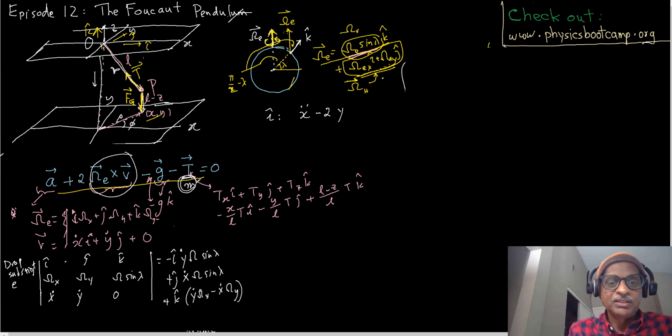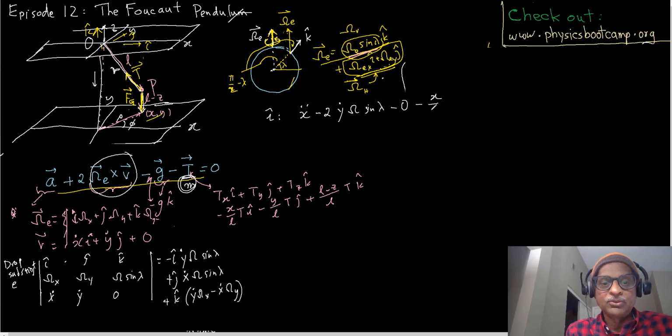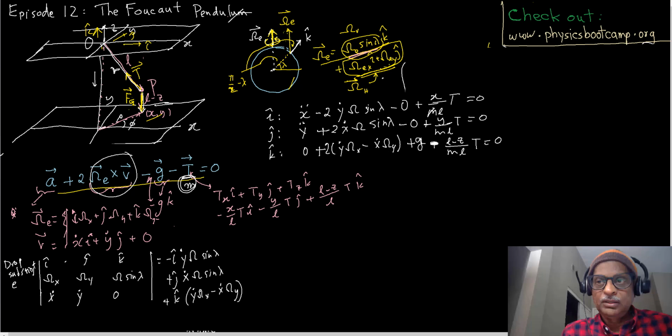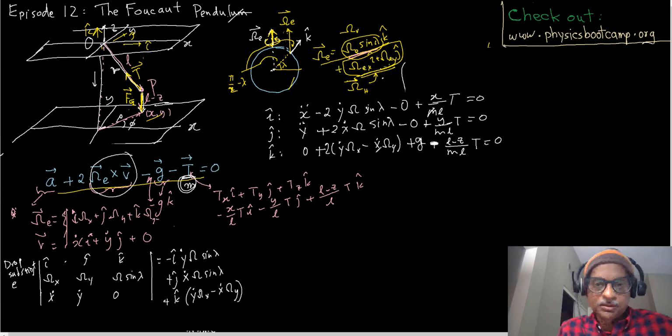I also made the correction here, there's an m missing, y dot omega sine lambda, and there's nothing from here, and this is going to be minus x over ml T equal to 0. Okay, the separation gives me these.